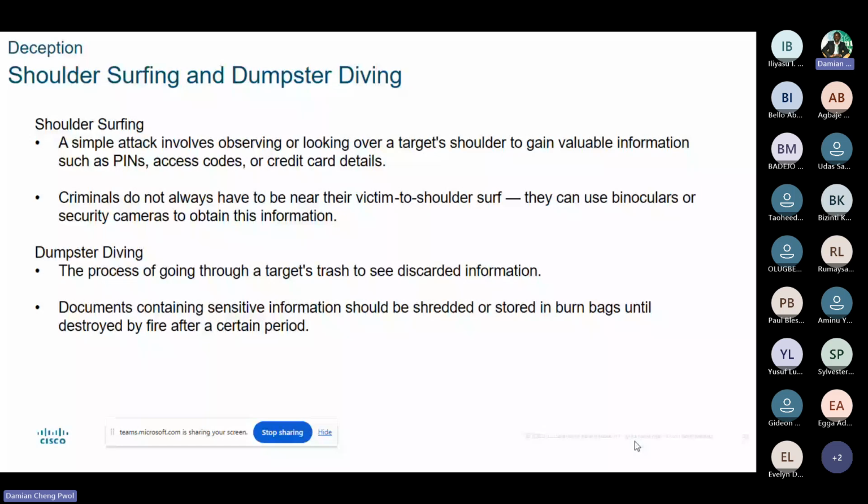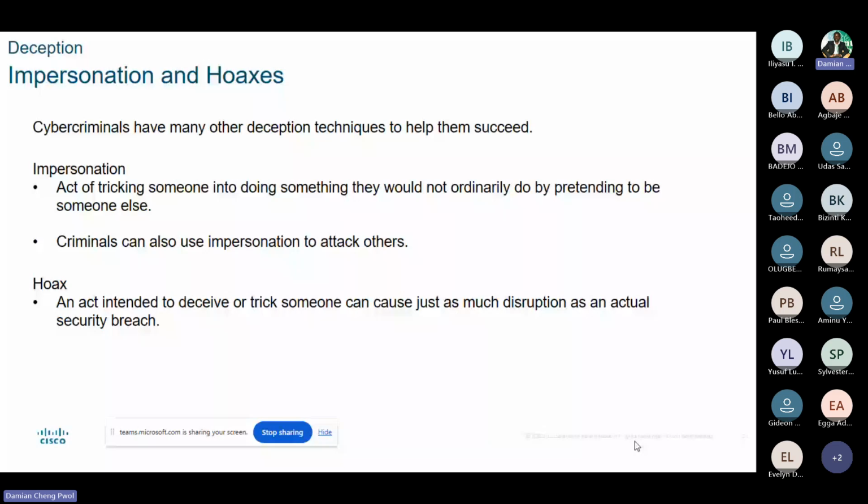Impersonation and hoaxes. Cyber criminals have many other deception techniques to help them succeed. Impersonation is the act of tricking someone into doing something they would not ordinarily do by pretending to be someone else. I believe some of you must have gotten phone calls from an unknown person pretending to be a friend of yours or a schoolmate. That is impersonation.